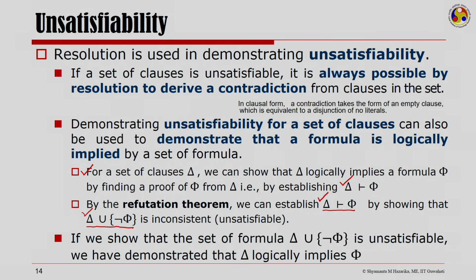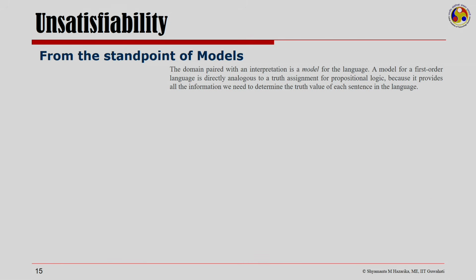So, if we show that the set of formulas delta union not phi is unsatisfiable, we have demonstrated that delta logically implies phi. So, let us try to understand the same from the standpoint of models.